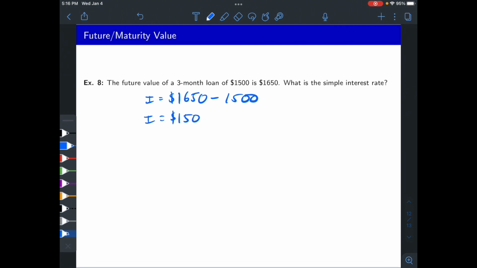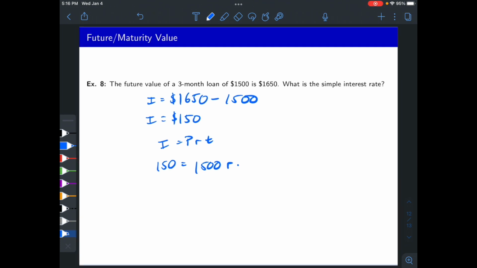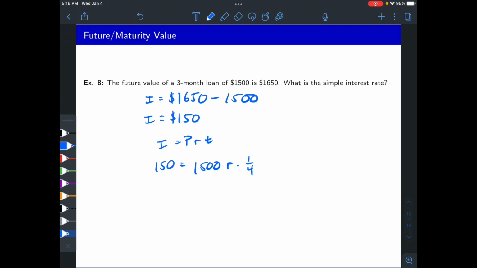And then we can say interest is equal to principal times rate times time. So 150 is equal to principal, which is 1,500, rate is unknown, time is 3 months, and 3 months is 1/4 of a year. So 150 is equal to 1,500 R times 0.04.